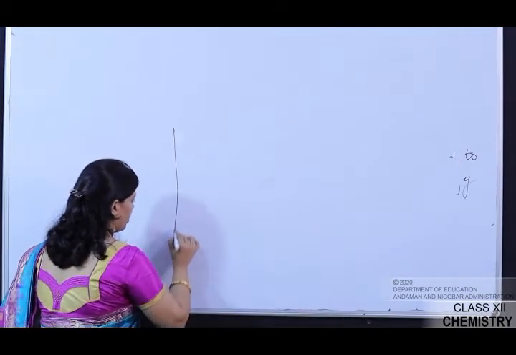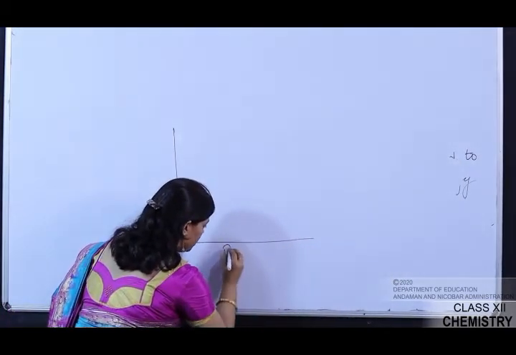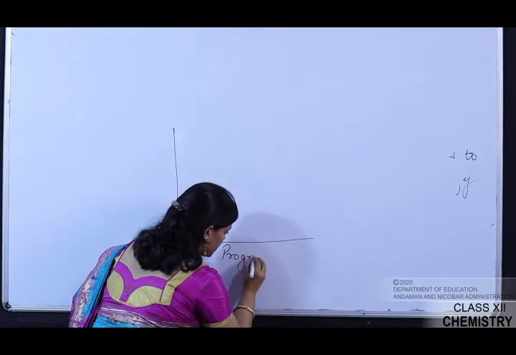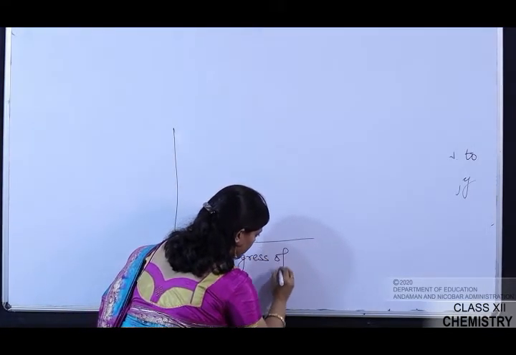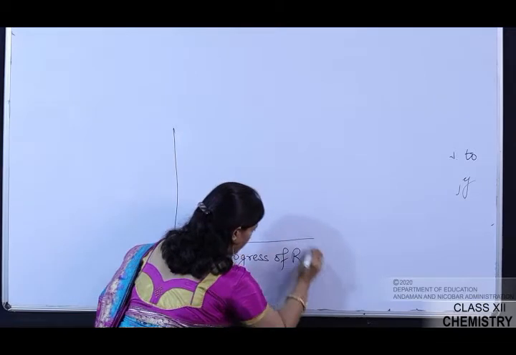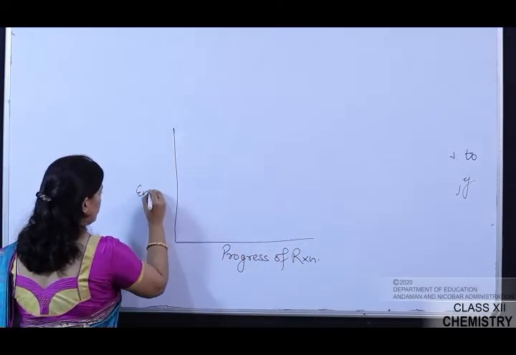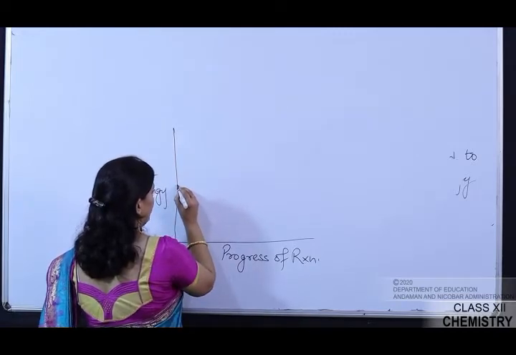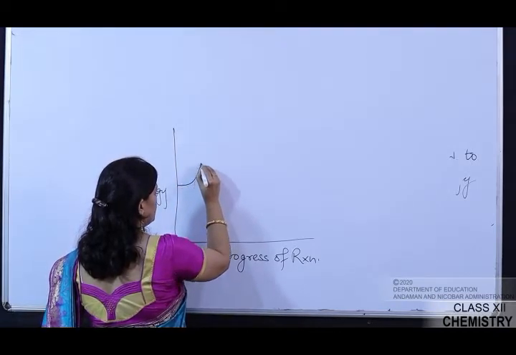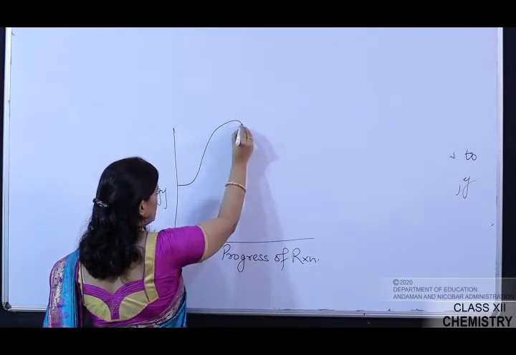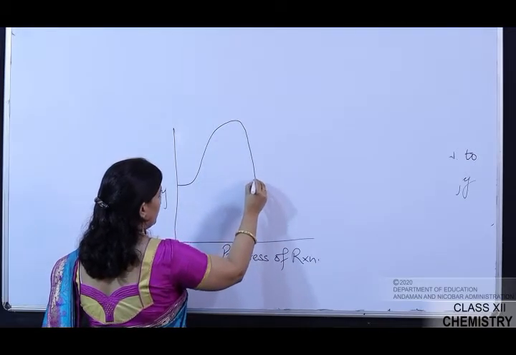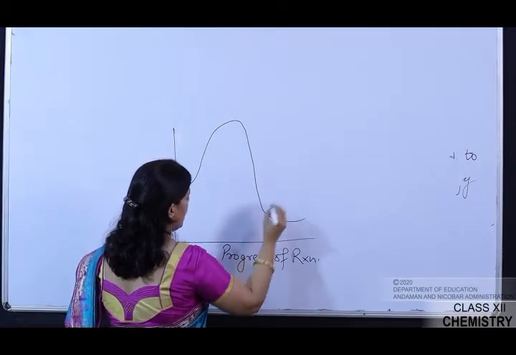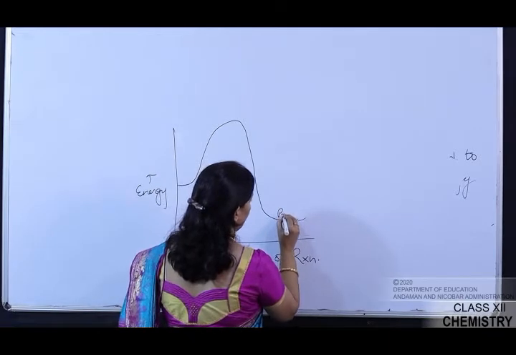Now draw a plot between the progress of reaction on the x-axis and the energy on the y-axis. This is the energy of the reactant. Initially the energy of the reactant increases till it reaches the maxima, that is the threshold energy barrier, and after that it decreases and results in the formation of product.